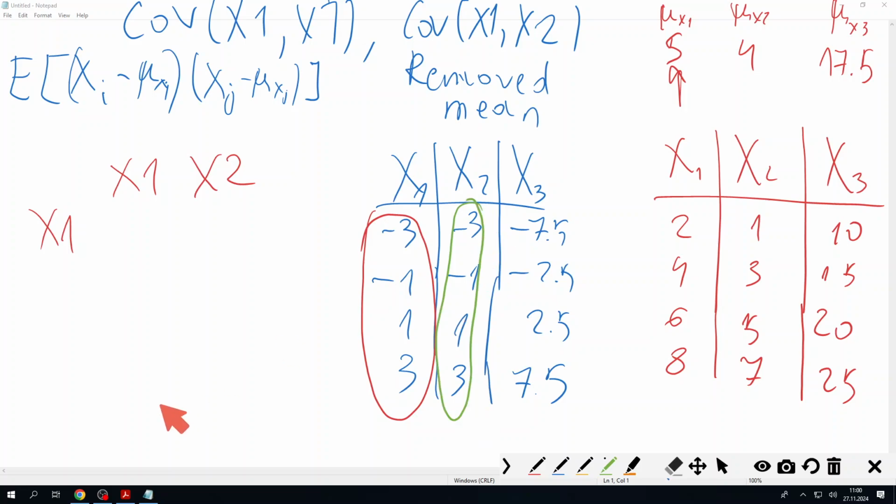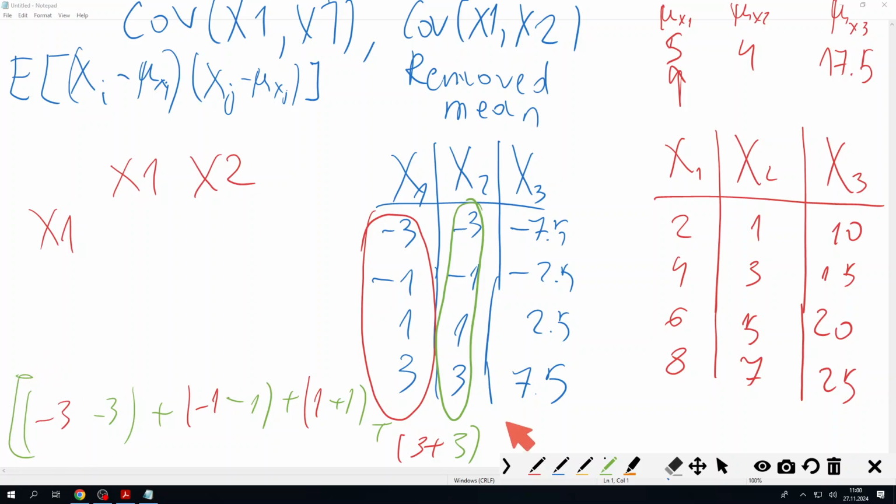What I need to do now is to calculate minus 3 by minus 3, plus minus 1, plus 1 plus 1, plus 3 plus 3, and divide all of that by 4.